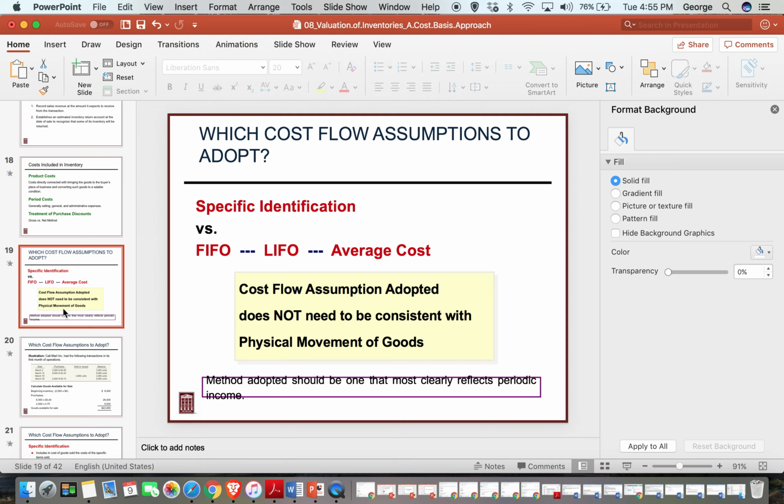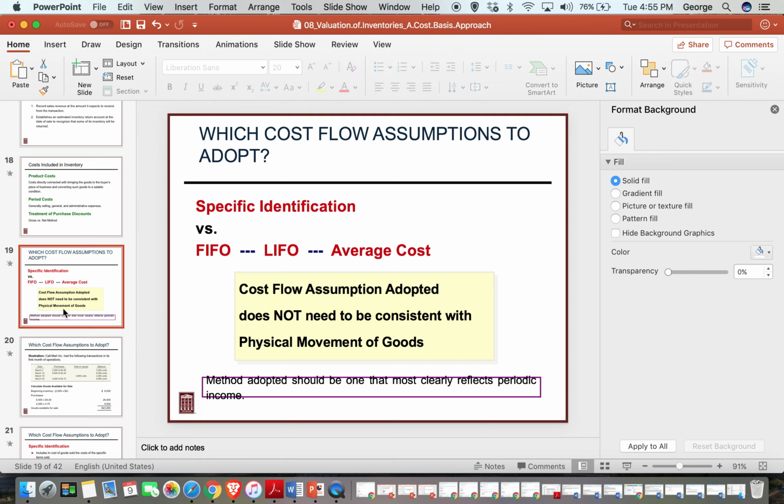All right, so which cost assumptions should we adopt? Specific identification is usually used by companies with very little inventory, where it's very easy to identify the cost of the inventory. A good example would be a diamond retailer, someone selling diamond rings. We know they're expensive.